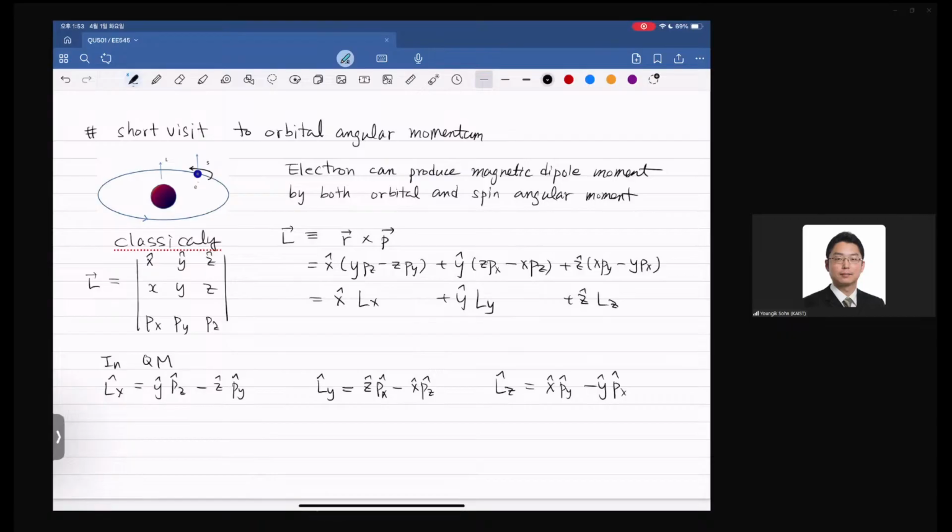And we learned the commutation relationship between the position and momentum operators. Let me write it down. You already have learned this. In the same direction, x and p don't commute, right? That's the uncertainty principle.